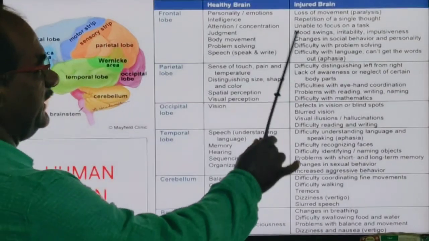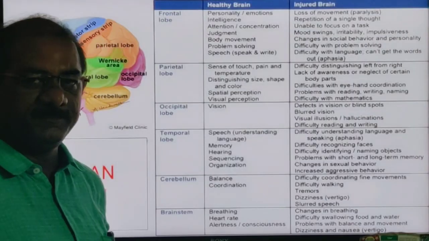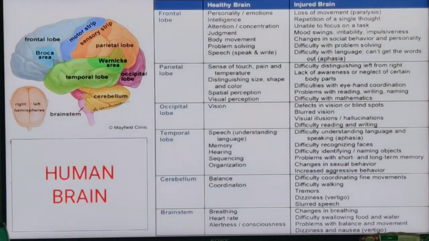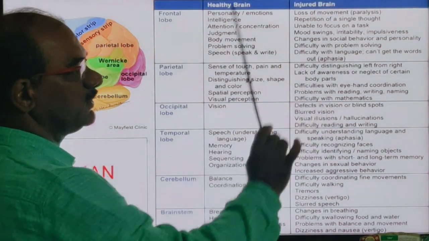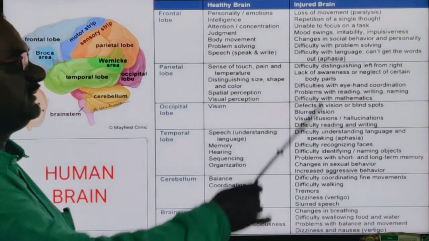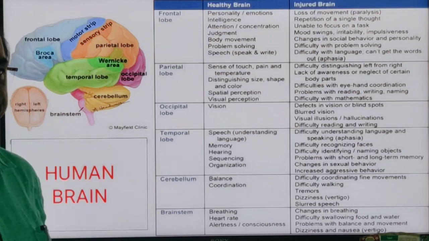If the brain is injured, there is loss of movement; in a paralyzed patient, loss of movement occurs. Continuous repetition of a single thought means the brain is injured.